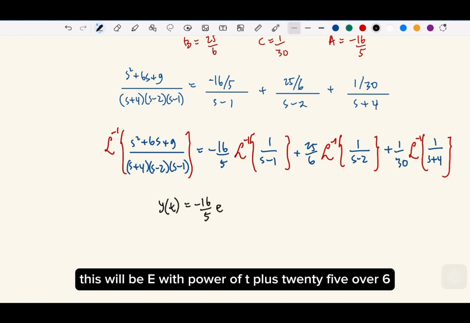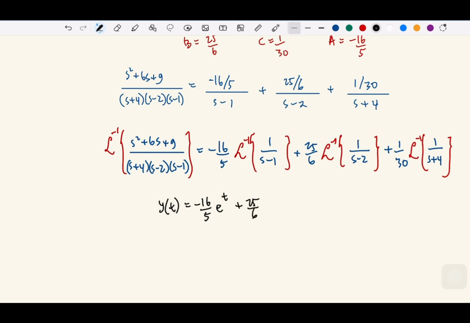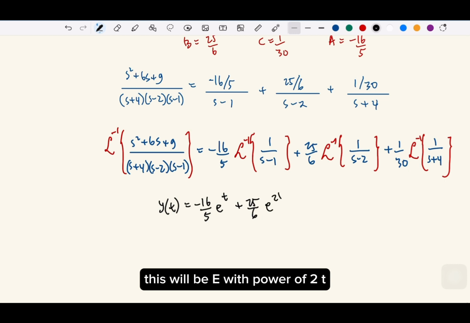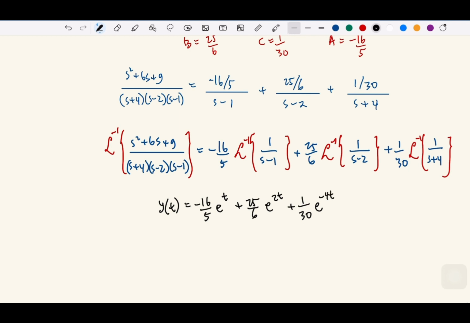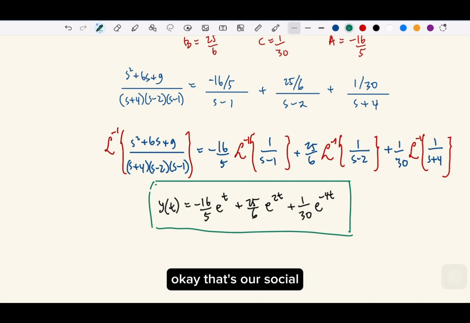This will be e to the power of t, plus 25 over 6 e to the power of 2t, plus 1 over 30 e to the power of negative 4t. Okay, that's our solution.